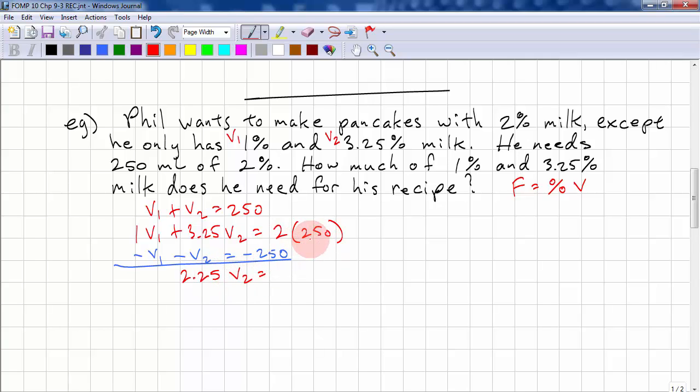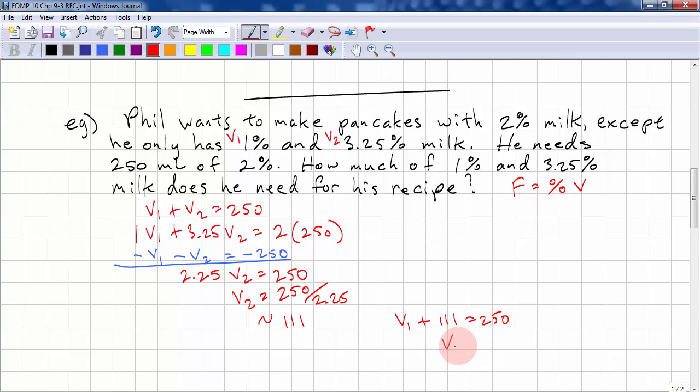We have 2 times 125 minus 250, that's 250. Okay, V2 equals 250 divided by 2.25. And this is approximately 111. V1 plus 111 equals 250.